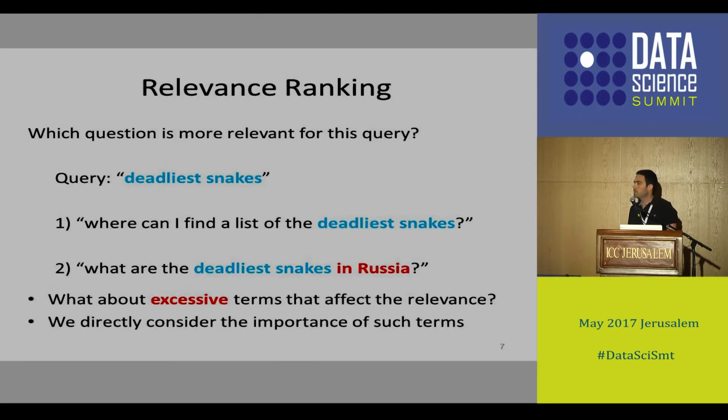But what about excessive terms that we can see in the second title? The terms "in Russia" seem to make the scope of the question narrower and likely less relevant to this query. And common algorithms do not account for it. In this work, this is exactly what we try to do, to directly consider the importance of such excessive terms.